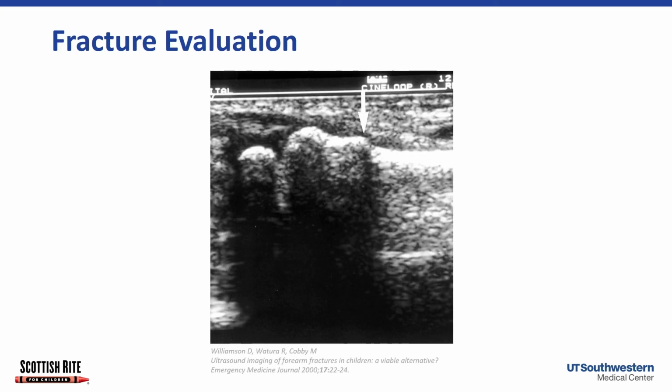Well, you can actually take that ultrasound probe and put it on the patient's wrist, and you could get an image like this, where that arrow points to what would be consistent with a buckle fracture of that wrist. And so when you're in this limited resource setting, that can help guide the next decisions and what you're going to tell the family as far as what they should do, or more importantly, what they shouldn't do at this point.